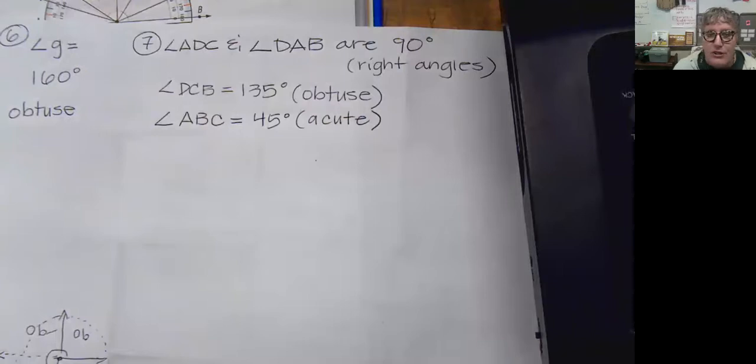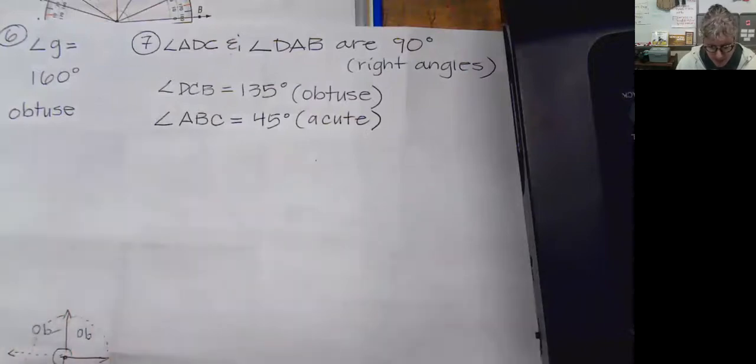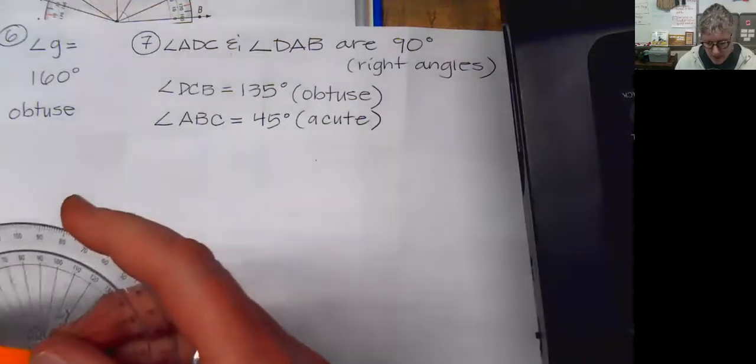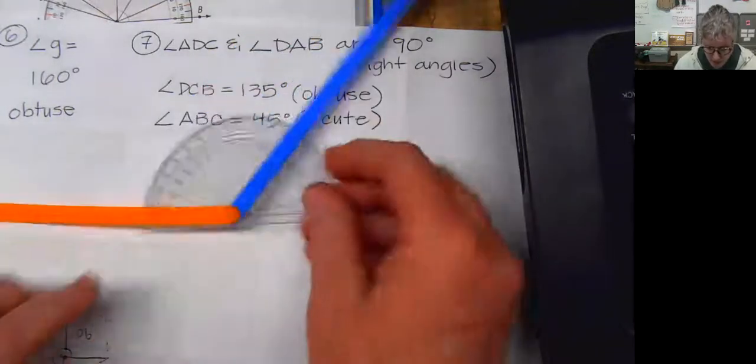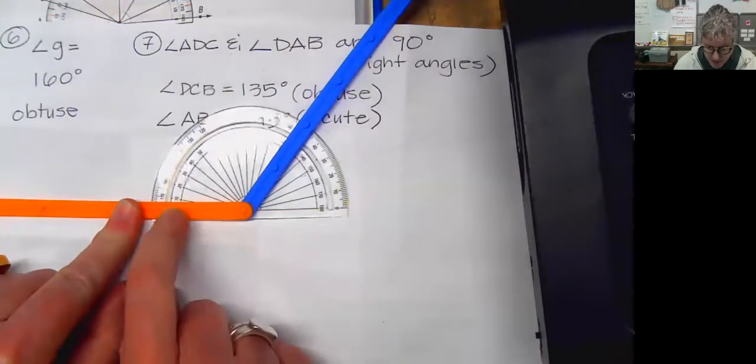Okay, I hope that you enjoyed using a protractor today. And remember, one of the most important things about using a protractor is to decide if you're going to use the inner scale or the outer scale, right? And if you're going to use the outer scale, then you always start out with this bottom part that you're measuring, right? The part that you're measuring.